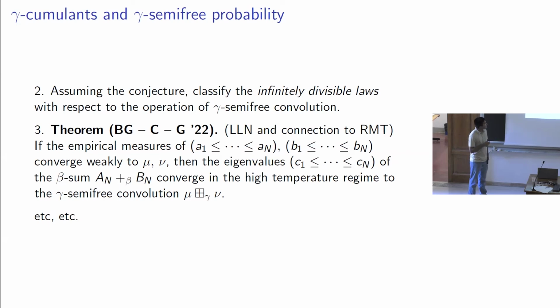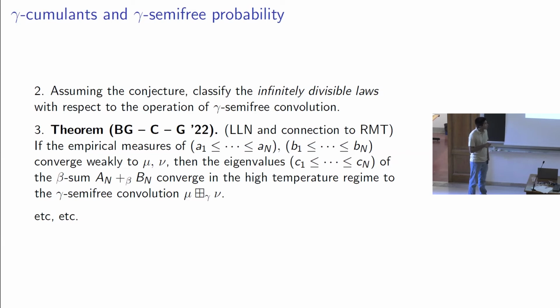So for example, one of the results that we have is some connection with random matrix theory and law of large numbers. I will state this statement because I think I have time. This was actually the application which motivated us to pursue this direction of research.